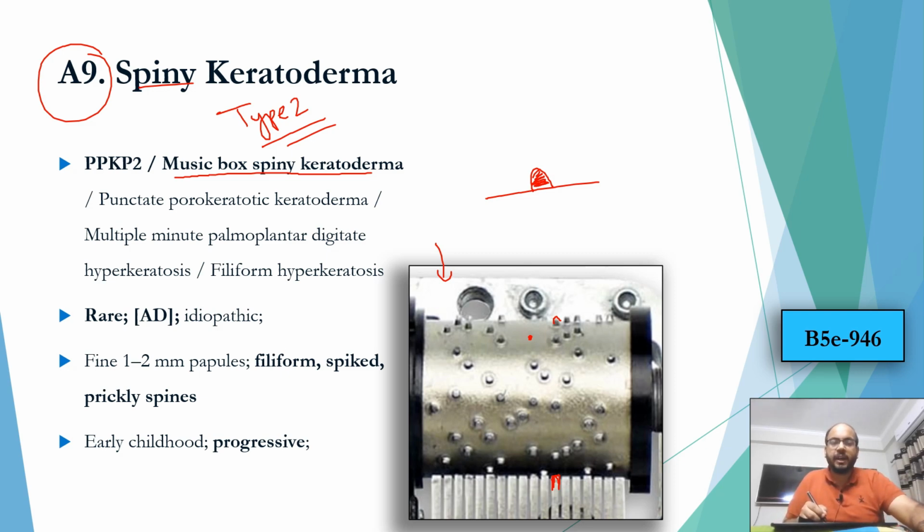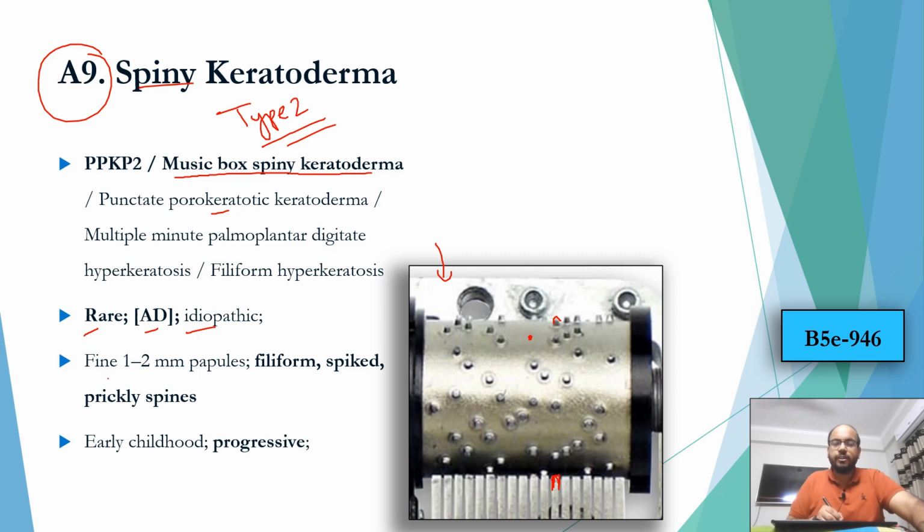So in spiny keratoderma, you see this kind of spinous projections, and that is why it is known as music box spiny keratoderma. Now you understand? It is also known as punctate porokeratotic, but that's a misnomer. It has nothing to do with porokeratosis. It's a rare autosomal dominant transmitted condition. It can also be idiopathic.